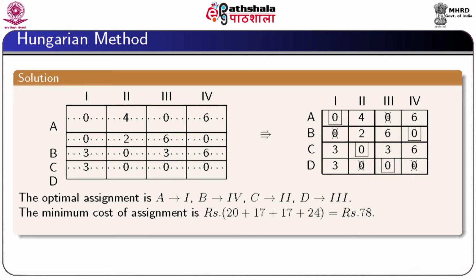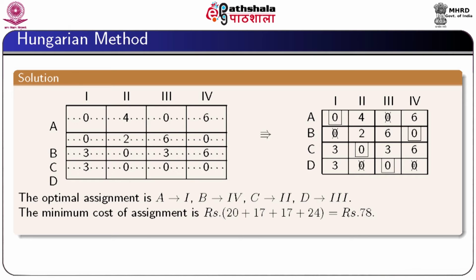And if we find a single zero in a row or column, we will assign that element with a box as an optimal assignment. Here we see that row 3 contains a single zero.